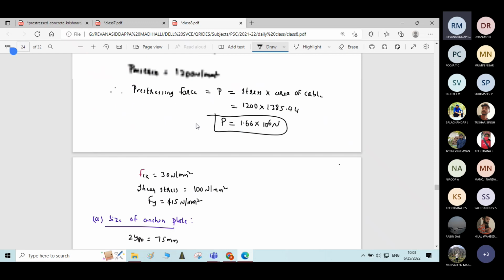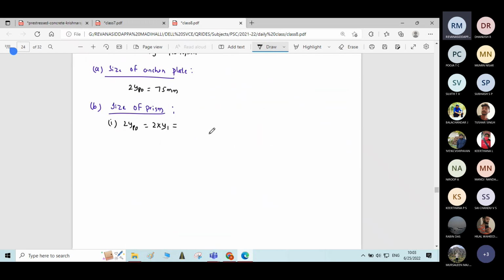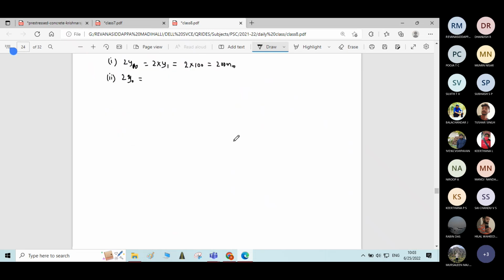The y1 value is given as 100 mm, the distance of the nearest extreme fiber from the cable point. 2 into 100 gives 200 mm. Then the second calculation is 2y0, which is equal to the beam width.